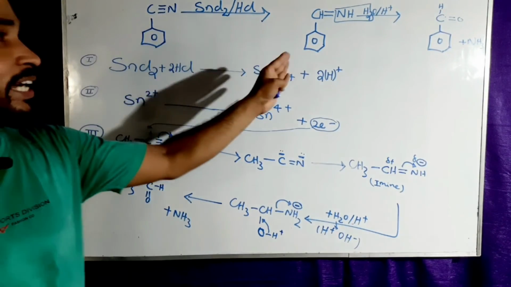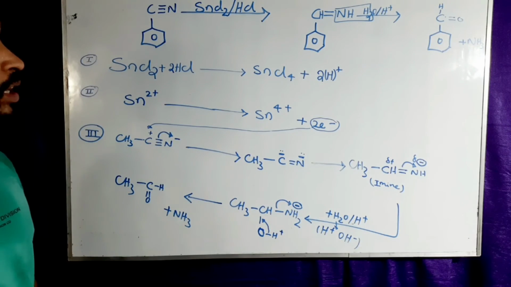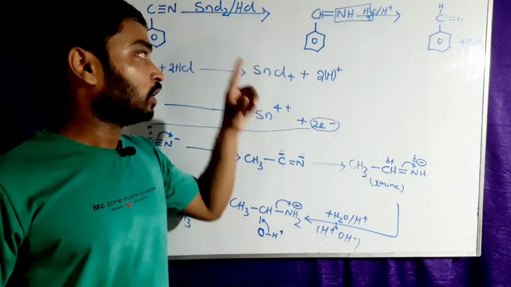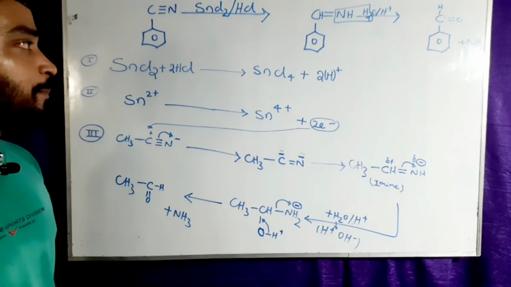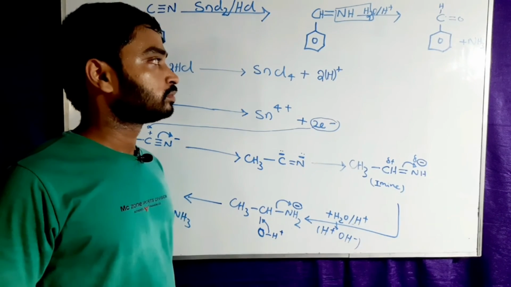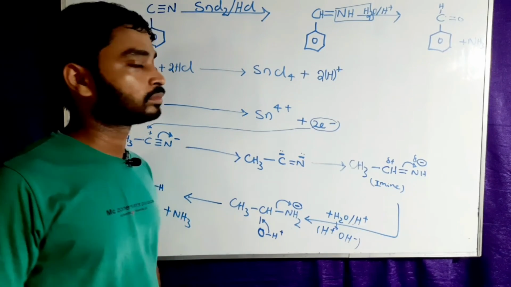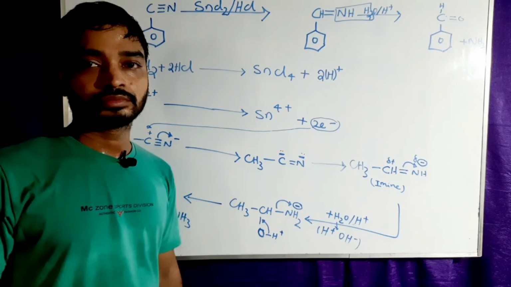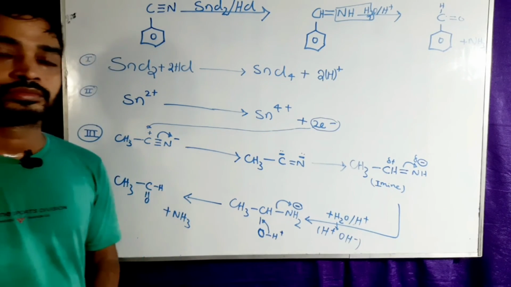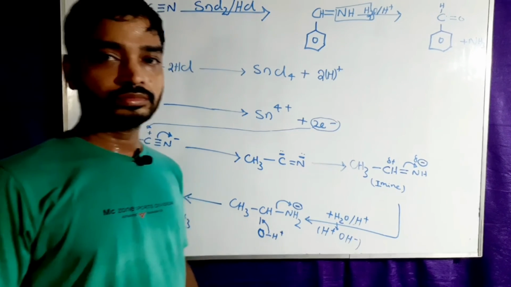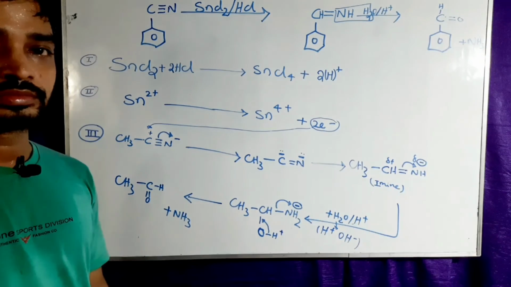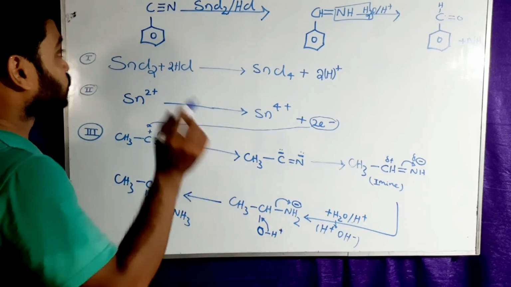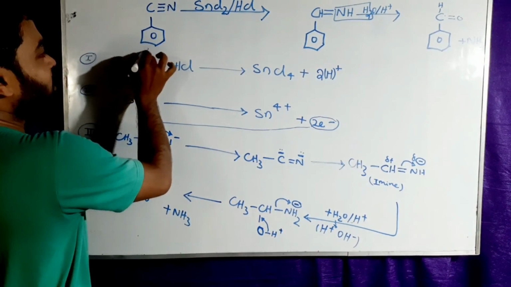So first you should write. After that we will go for the important part of the whole section. So the name of the compound is benzonitrile.